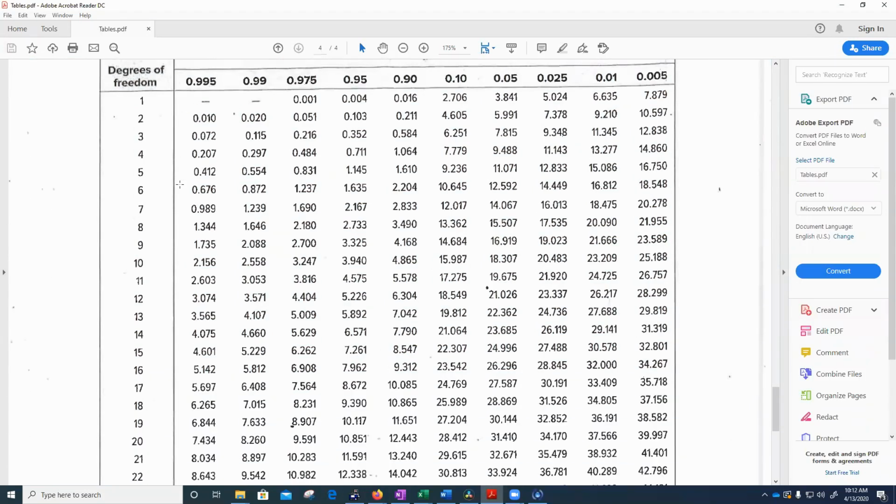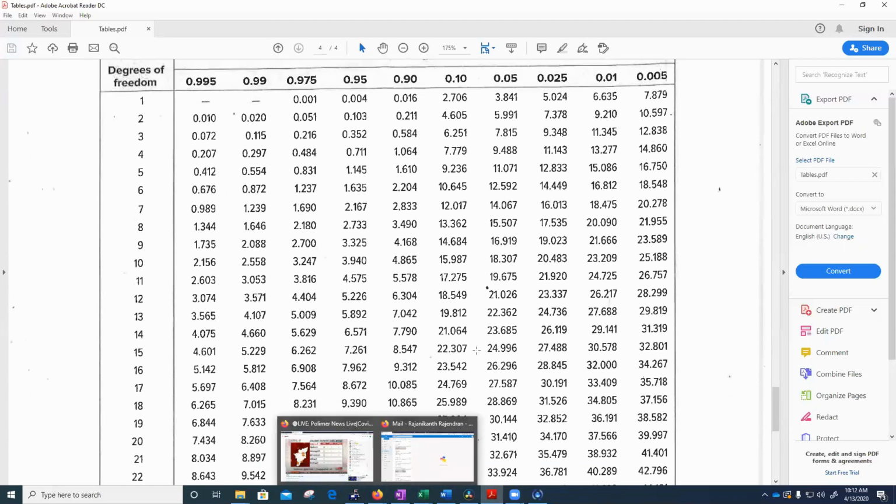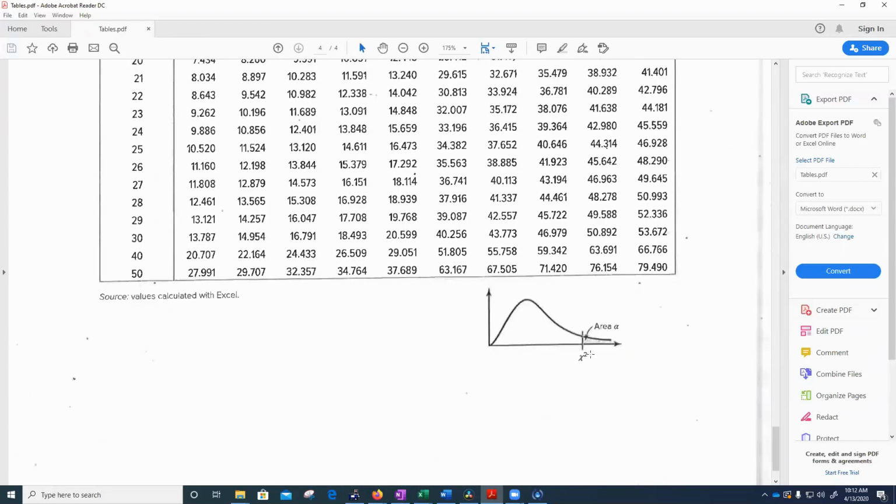You know the area, but I'm looking for the chi-square value. Remember I told you last time, when you use chi-square, the chi-square table is given for the right area, but I need to find now the left critical point. So you have to understand clearly.